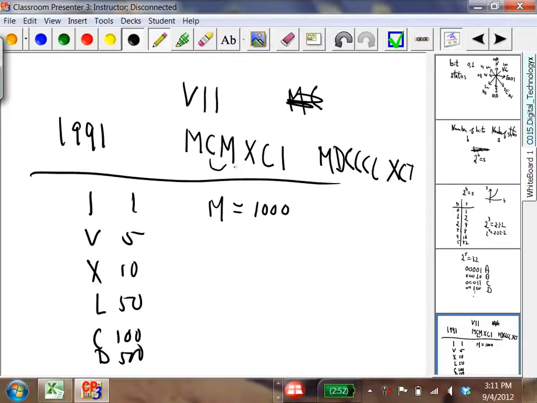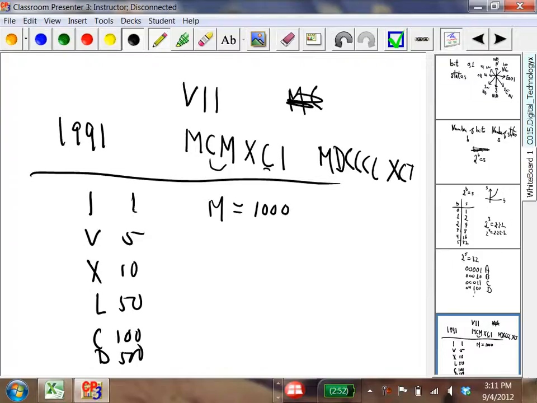So this M here is 1,000. This second M is also 1,000, but since it's got a C in front of it, it's 900. And this is 100, but the X in front of it makes 90.